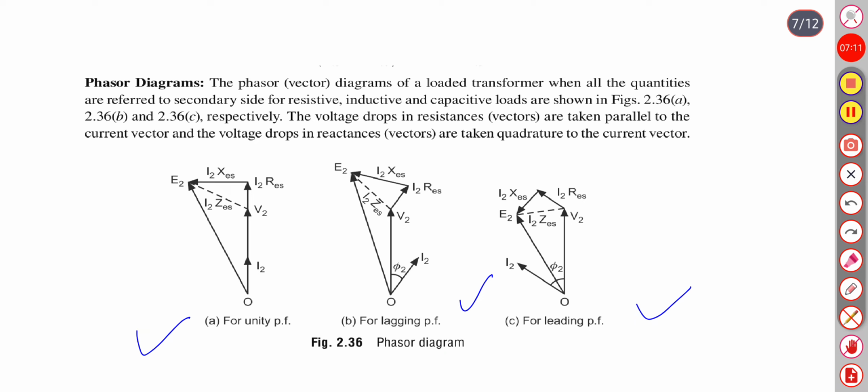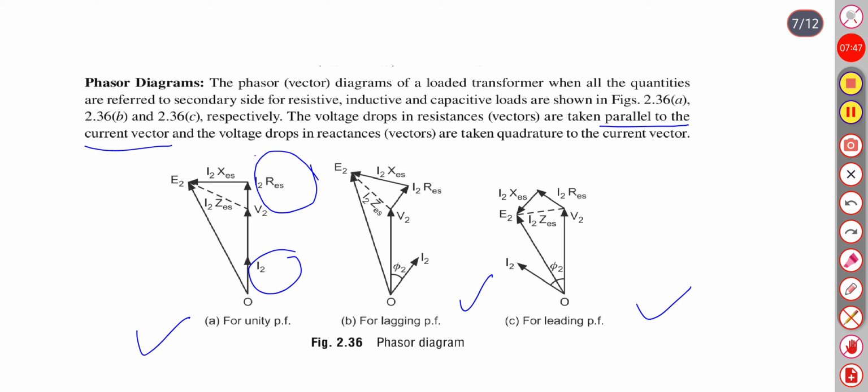So the phasor diagram of a loaded transformer when all quantities are referred to secondary side for resistive, inductive and capacitive load are shown. The voltage drops in resistance are taken parallel to the current vector. So this is the current vector I2, and I2 RES is in the same phase.